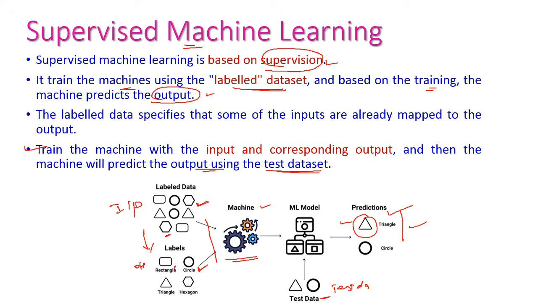Now, to test this machine, we give two symbols, a triangle and a circle. Then the machine can easily predict that this particular shape is a triangle and this particular shape is a circle. So here the supervision is given based on the labels.